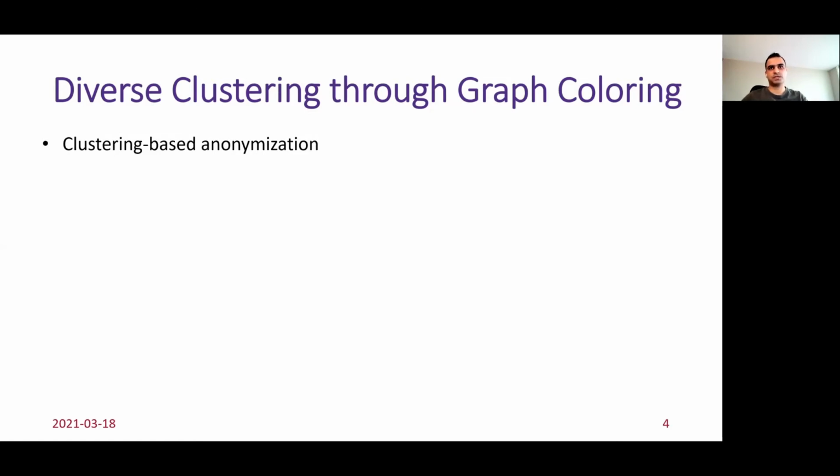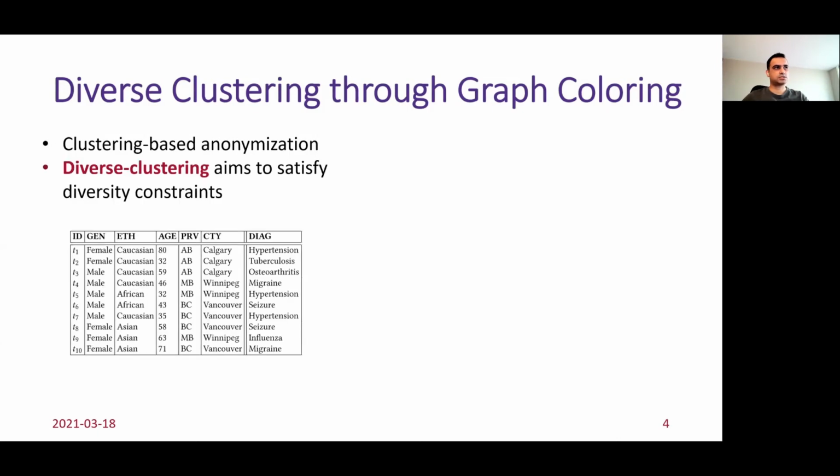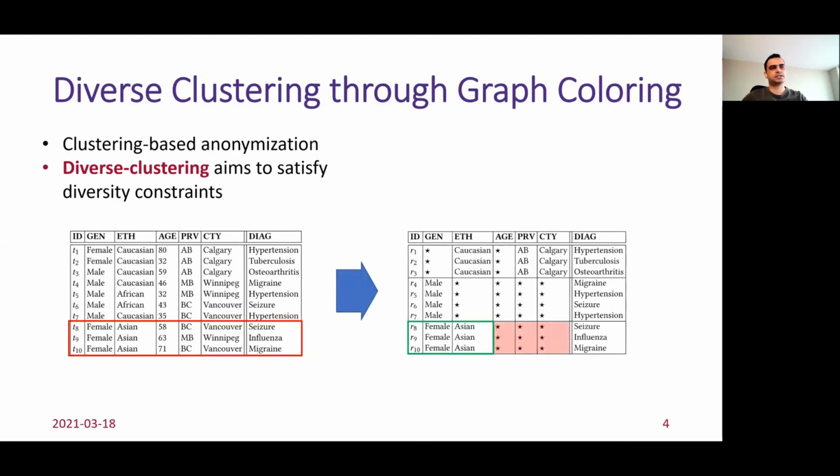That means if we suppress values in one cluster to form a k-anonymous relation, we can preserve these shared values. So in our running example, if we form a cluster including the last 3 records, then in the final instance, we can preserve the values of Asian and female, and we can preserve the diversity constraint.